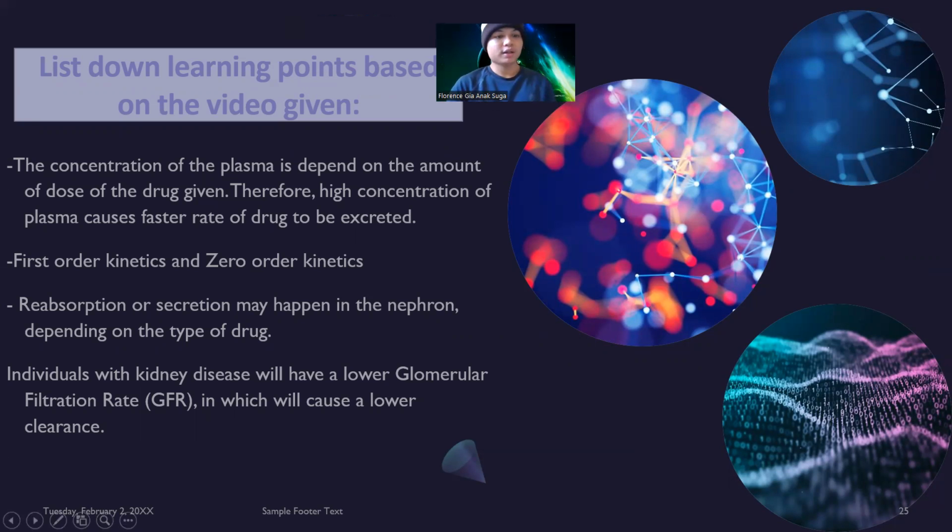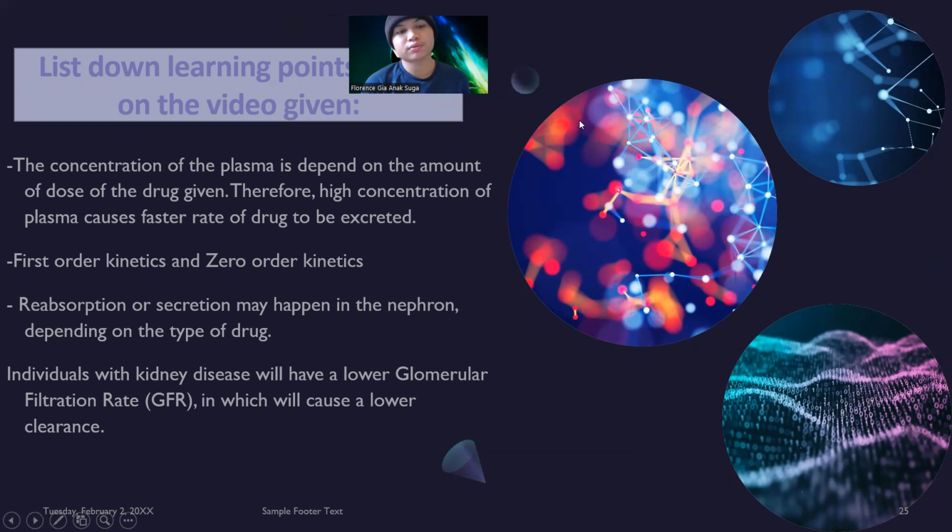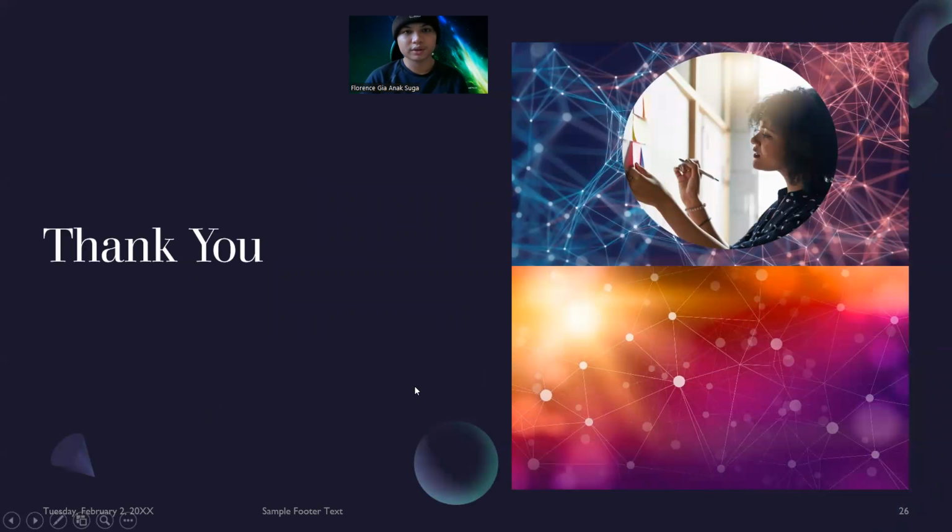Reabsorption or secretion may happen in the nephron depending on which type of drug is administered. Individuals with kidney disease will have a lower glomerular filtration rate, or GFR, which will cause lower clearance.